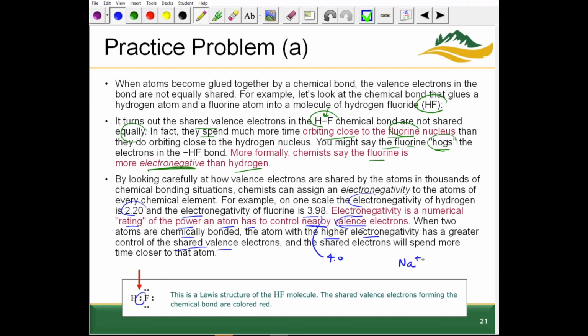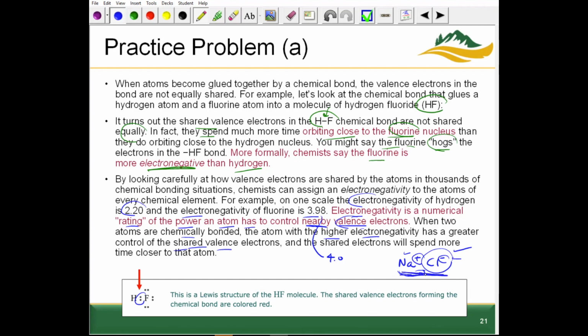When we think about electrons in an ionic bond, there's just a full, complete transfer of electrons. So chlorine, with a much higher electronegativity than sodium, will definitely hog those electrons to the point where there's even just a full transfer of electrons to the chlorine from sodium. There's one electron transfer from sodium to chlorine. Sodium will give up one electron, chlorine will gain that electron.